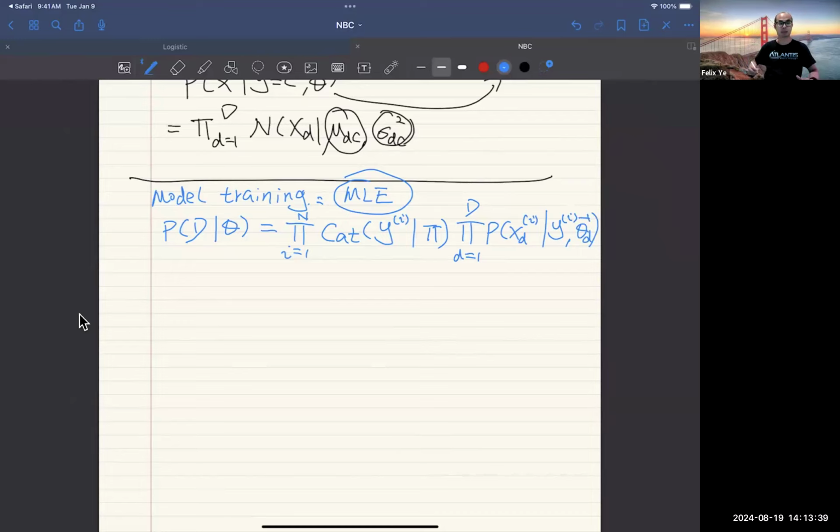All right, so this is basically the likelihood function.